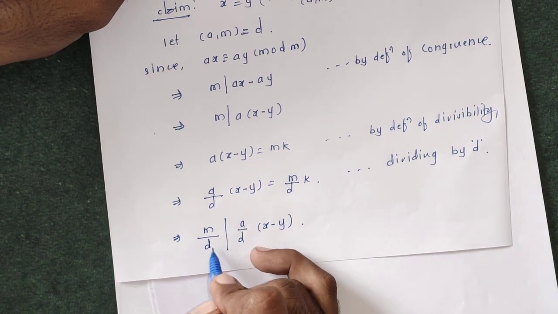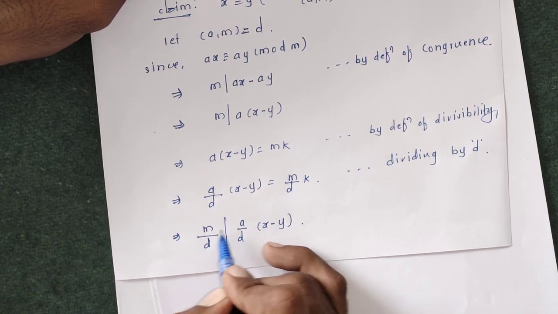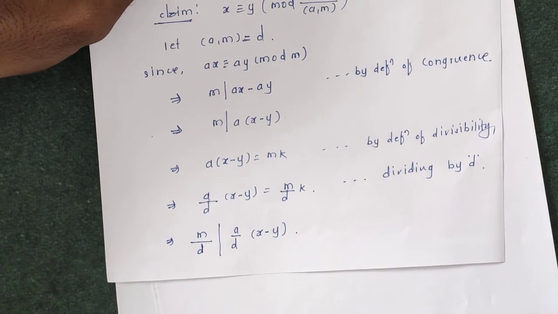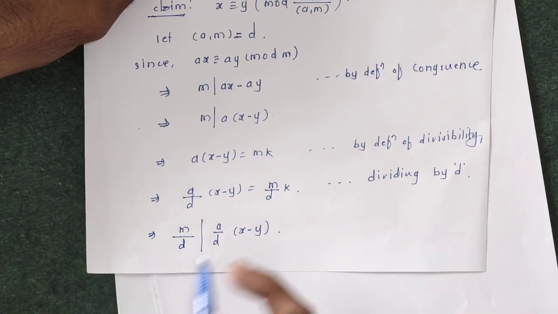Since we have the result, if a divides b into c and GCD of a and b is equal to 1, then a divides c. Using this result we can say that m by d divides x minus y.